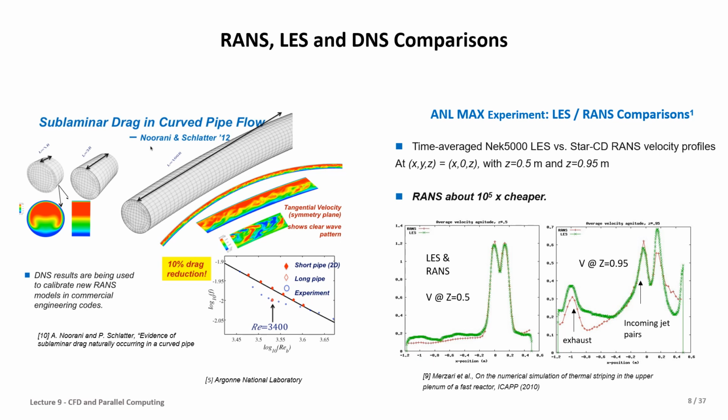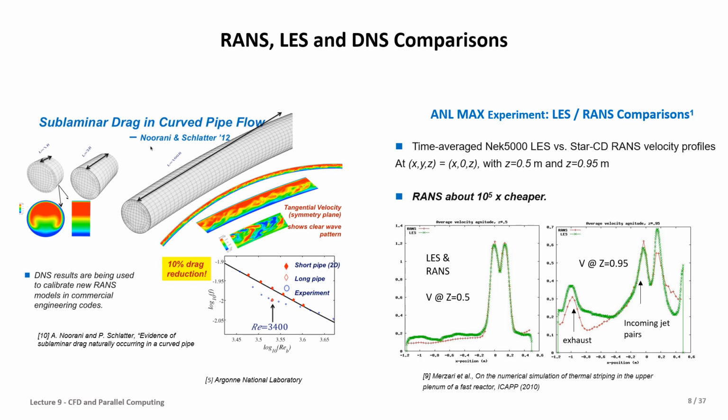Also, from some literature, it's been shown that when solving a problem with a specified condition and then changing some geometry, RANS doesn't capture the change of the geometry, and we can see this difference. So sometimes we need to check the result of RANS, for example, with LES, and make some correction or calibration for the RANS model. However, we know RANS is much cheaper than LES.